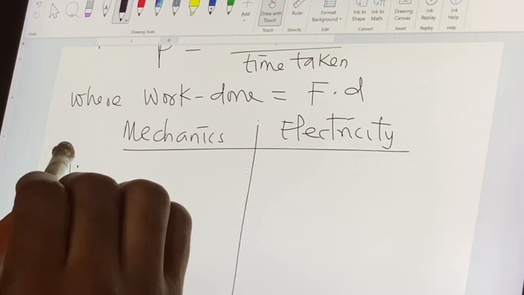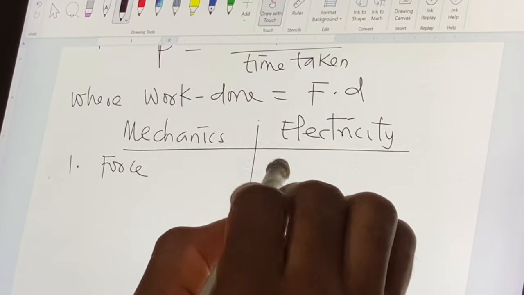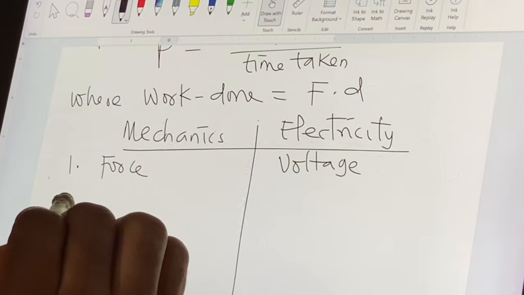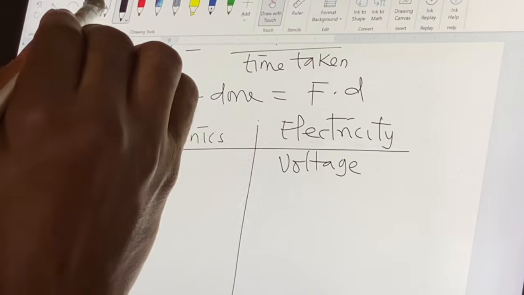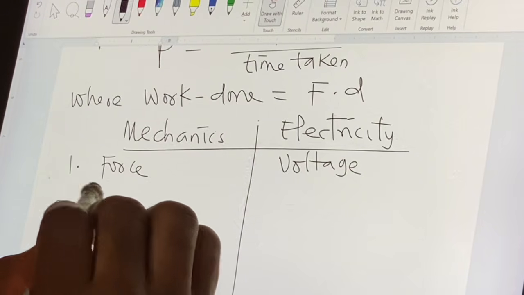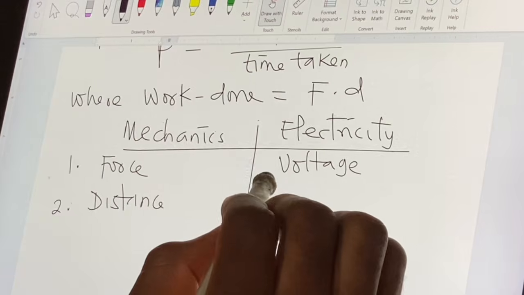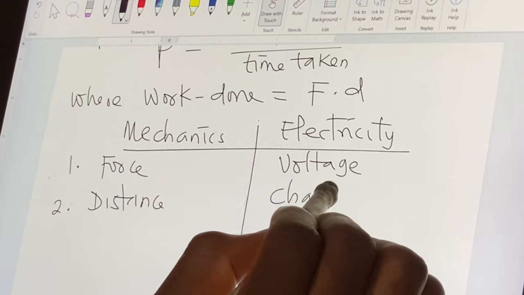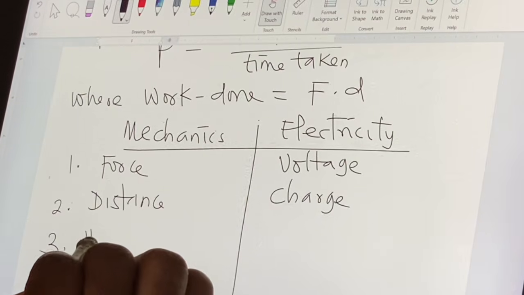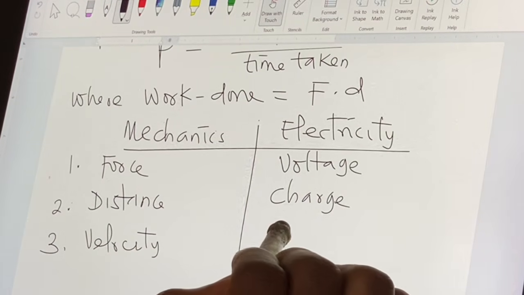The first relationship here is force is related to voltage in electricity. The second is distance or displacement, which is related to charge. The next is velocity or speed, which is related to current.